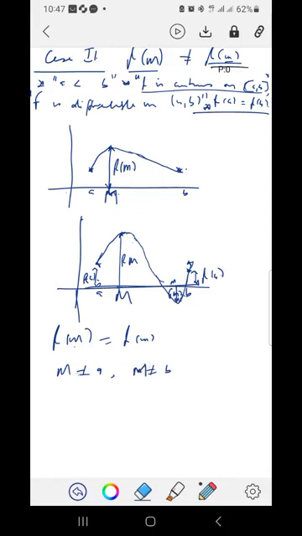That's an assumption that we are taking, that F of M is the highest point. If that is the case, then F of M, the tallest, will be taller than F(a), and also taller than F(b). I hope you agree with that.